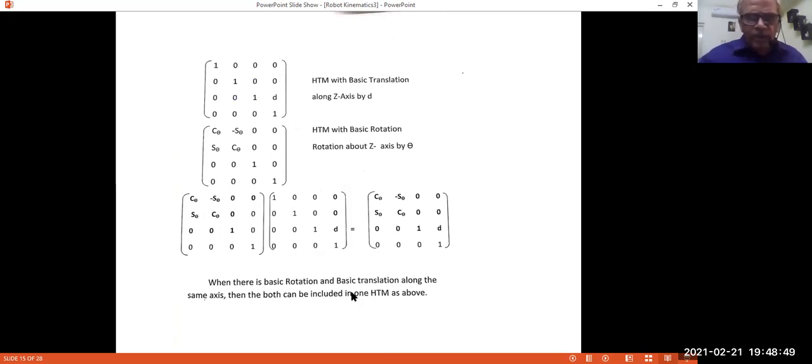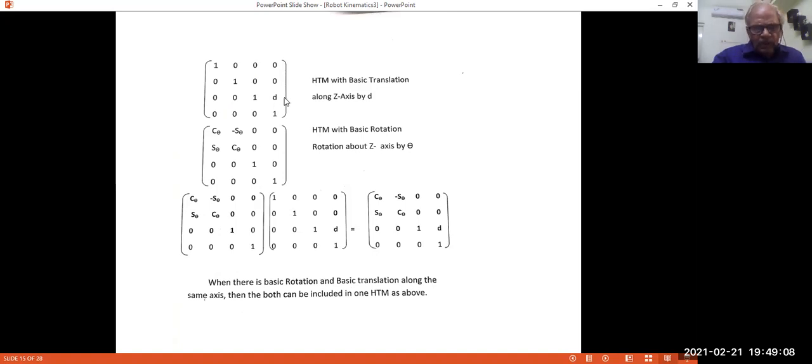One more simple observation we need to make here is, suppose a homogeneous transformation matrix has only pure translation along one axis, that is, a homogeneous transformation matrix with basic translation.